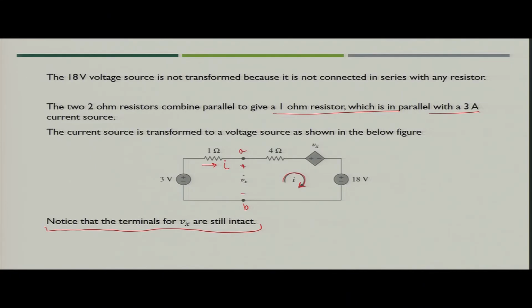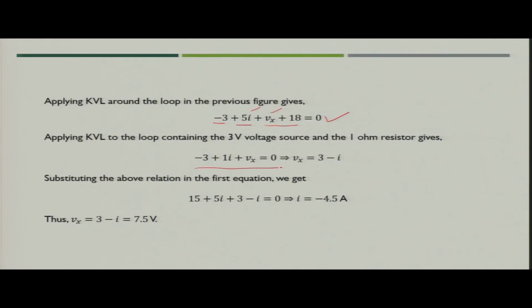We can say Vx is nothing but 3V minus 1 into I. Now, this value you can put in the above equation and simplify, you will get current as minus 4.5 ampere. In this way you can calculate Vx as 7.5 volt.